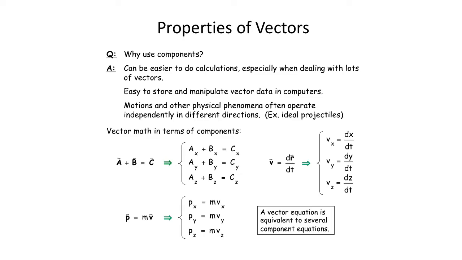So when we do these graphical additions of vectors, we're doing vector math in vector space. We're doing this stuff on the left. But as I dissect them, I can separate out x, y components, mostly in 2D. We won't work too much in 3D. And a vector equation is equivalent to several component equations. It basically allows us to compact information.